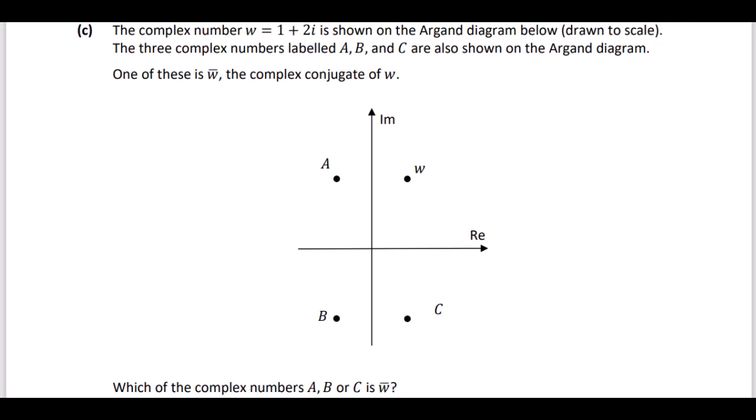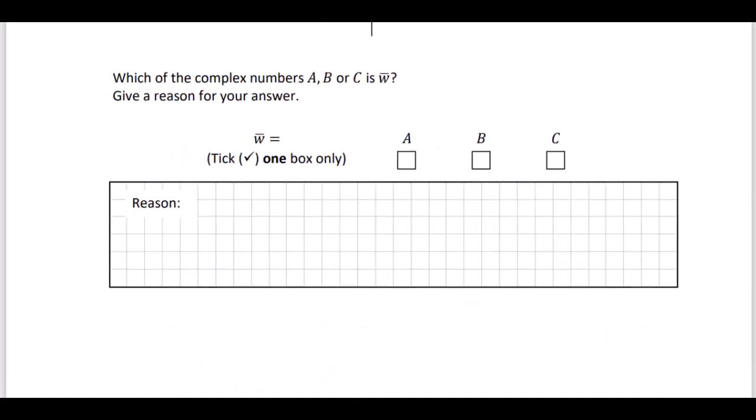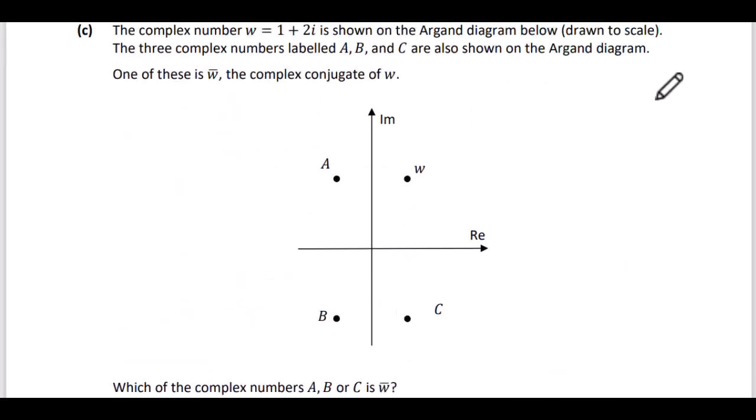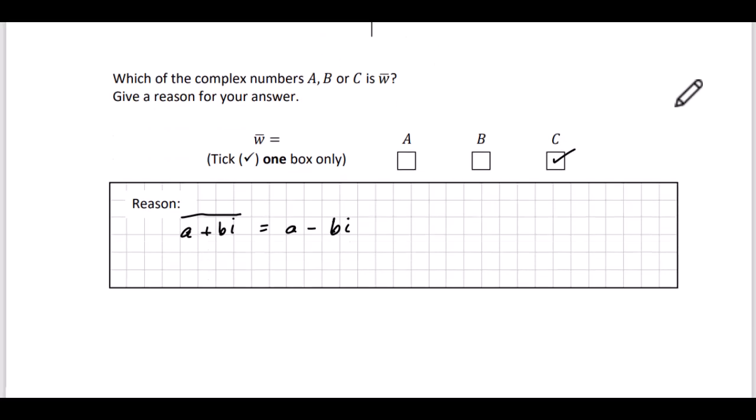Because if you take any complex number, a plus bi, the conjugate of a plus bi is a minus bi. So our answer was C, and the complex number itself was 1 plus 2i.